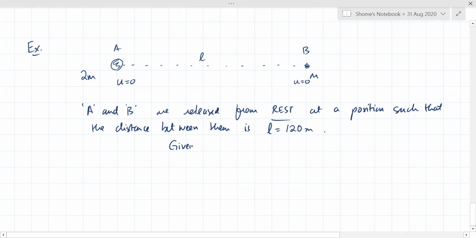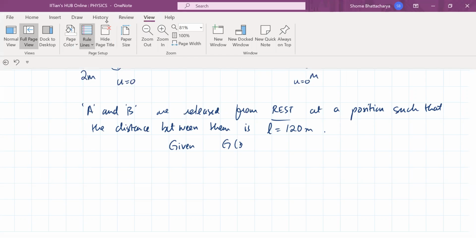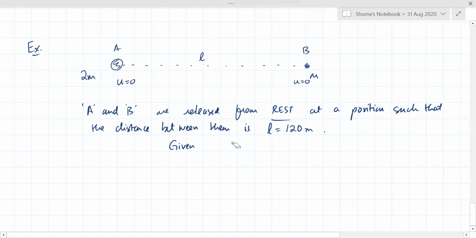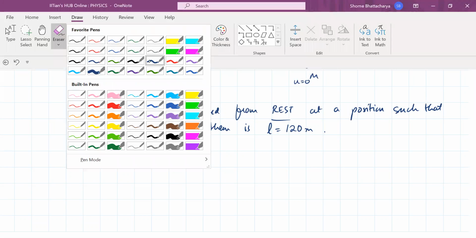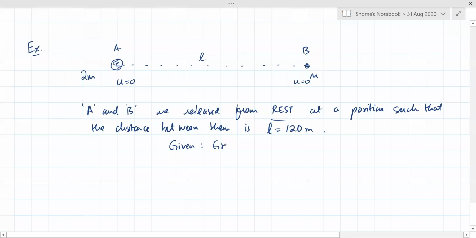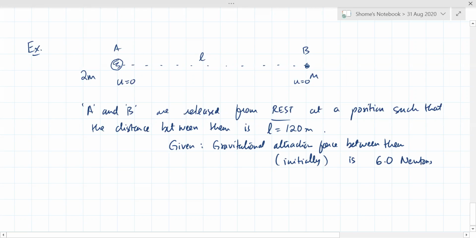So given that the gravitational force between them at this point of time is 6.0 newtons in magnitude. Okay.